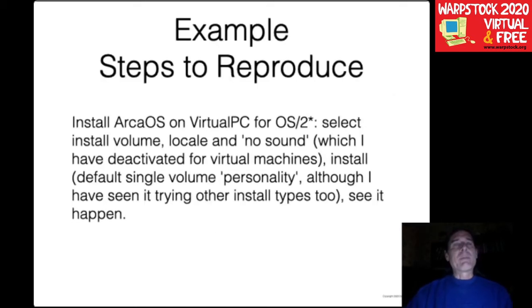Let's look at some examples of steps to reproduce that actually are okay. Here's one. Install Arca OS on a virtual PC for OS/2. Select install volume, locale, and no sound. Install, and they say which type of installation to do, and so on. Basically, this is a list of steps that I could follow to try and reproduce the problem.